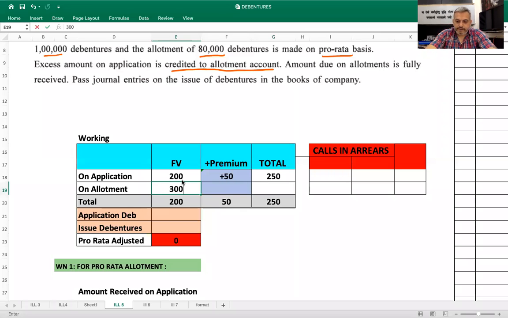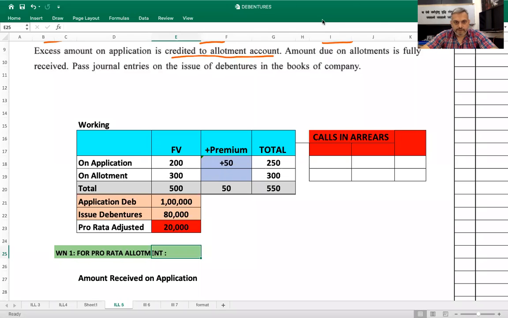On allotment 300. 300 total comes to 500 face value, and 50 is the premium, total 550. Applied debentures 1 lakh, issued debentures 80,000. So pro rata adjustment of 20,000 debentures.